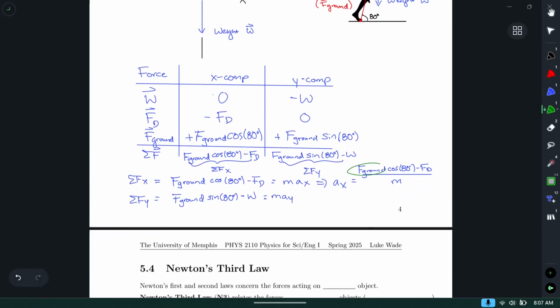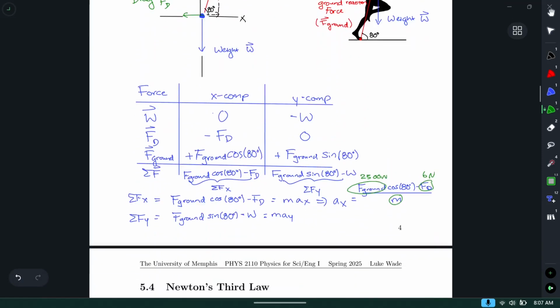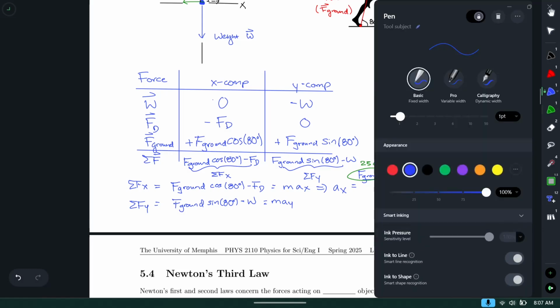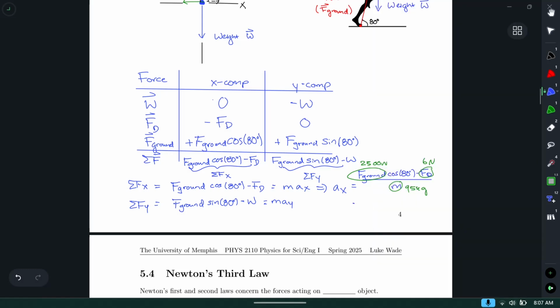So we'd put that in here, 2,500 newtons, 6 newtons, and their mass was 95 kilograms. So we get an x acceleration of about 4.5 meters per second per second.